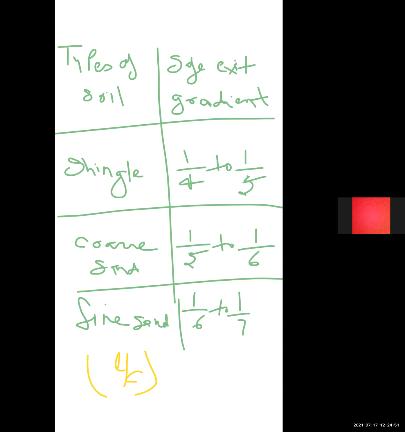So this is the maximum depth of scour and safe exit gradient. For designing a weir, the downstream cutoff from the maximum scour depth consideration is first of all provided and checked for the exit gradient, and if a safe value of exit gradient is not obtained, then the depth of cutoff is increased.